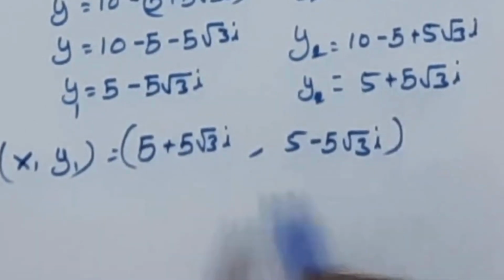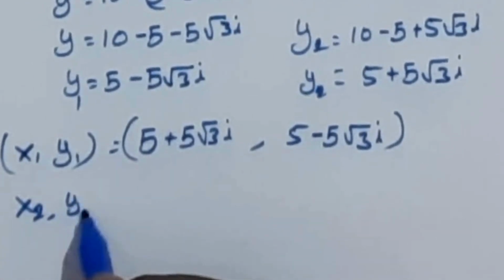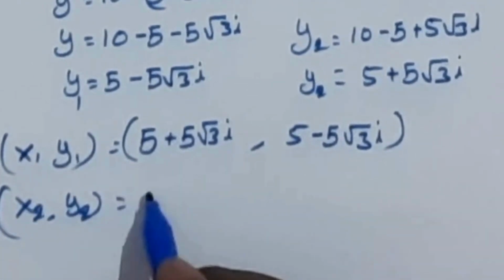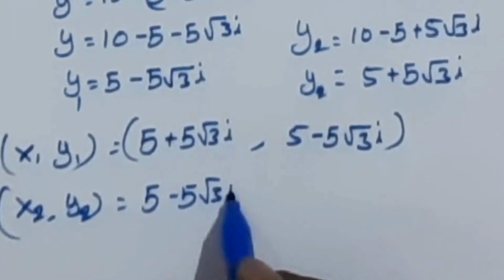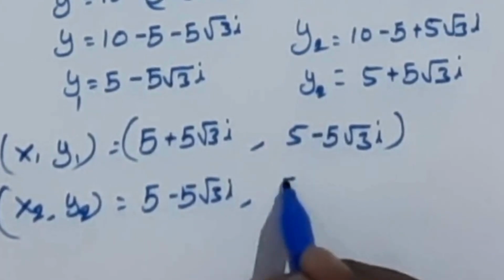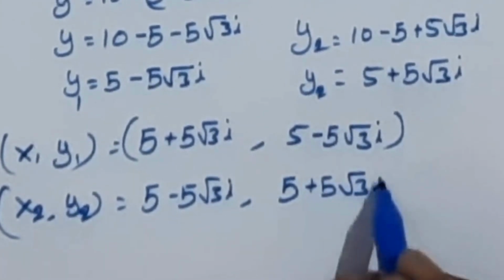This is x1, y1. x2, y2 is equal to 5 minus 5 square root of 3i, comma, 5 plus 5 square root of 3i.